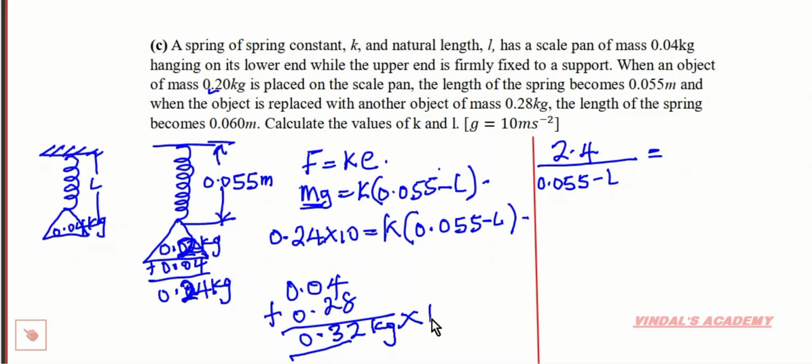Now, if I multiply this by 10, I'm going to have 3.2. So I'm going to have on the numerator here 3.2, all divided by, now when that second one was found, the new length became 0.06. So I'm going to have 0.06 minus L. So I'm going to clear the fraction.